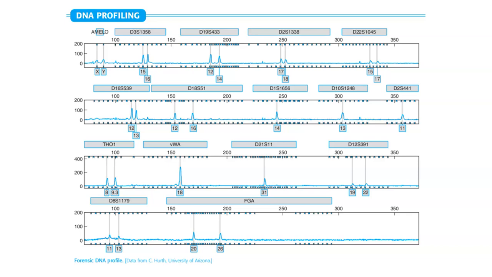Remember, different sections of DNA have different lengths for different coding regions. And so they're going to be different sizes. They're going to be different charges, and put those together, they're a different size to charge ratio. They're going to have different mobilities when we hit them with this electricity. Now, because they're different charges and different sizes, we can use that gel electrophoresis to separate them out and get different elution times. And the elution times will correspond to different particular loci, and that's how we get these profiles.